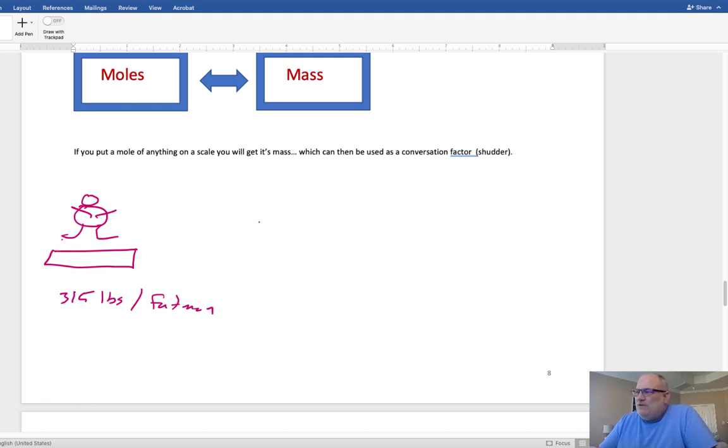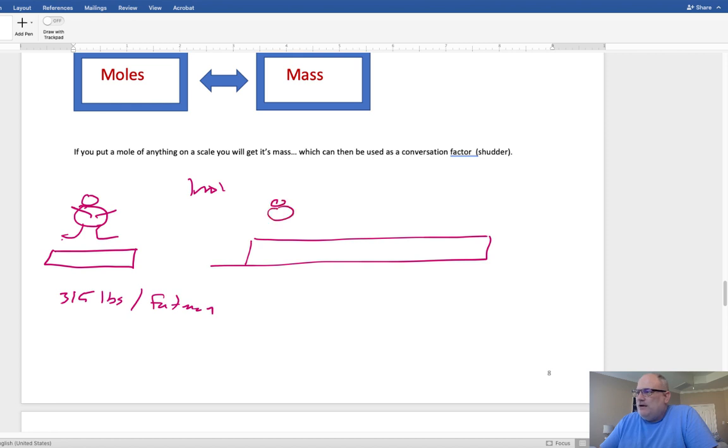But how about this? What if I took a really, really large scale and I put 1 mole of fat guys on here? Now, I'm going to draw like 3. That's going to represent 1 mole. Do you guys remember the number for 1 mole? Isn't 1 mole 6.022 times 10 to the 23rd?